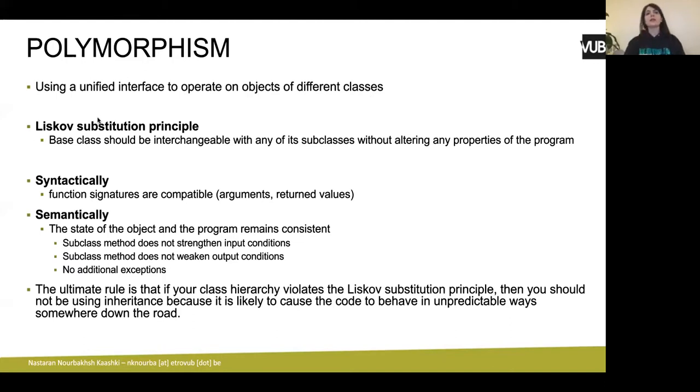Something that you can consider when you want to implement polymorphism is the Liskov substitution principle. It says that a base class should be interchangeable with any of its subclasses without altering any properties of the program. You remember the is-a relationship; it's similar to that one. Syntactically, function signatures are compatible: arguments and return values.